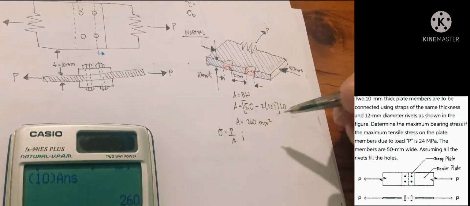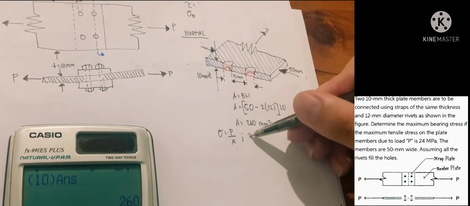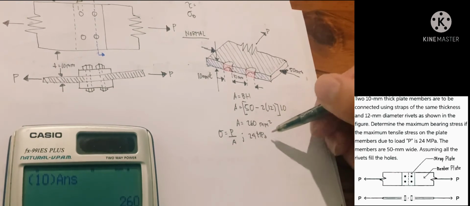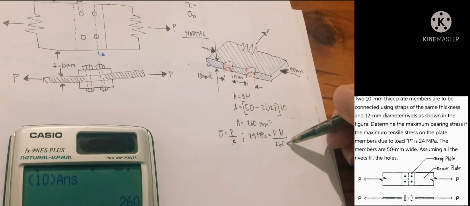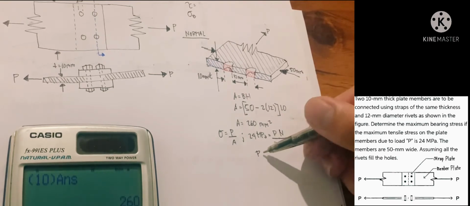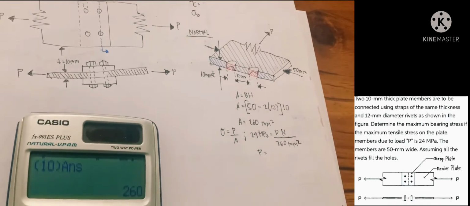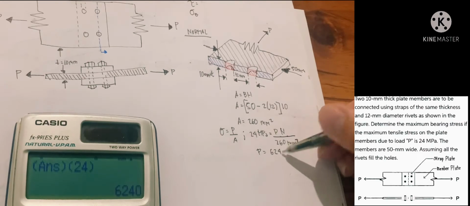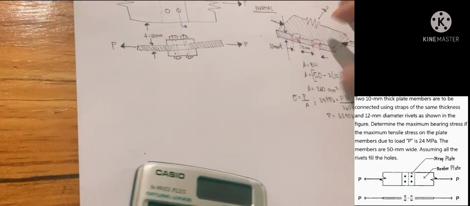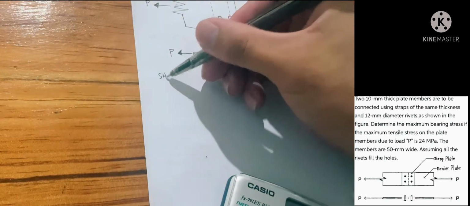Since we have also been given a 24 megapascal for our limitation of our normal stress, we can calculate for our P or our load. So our answer is 6,240 newtons.